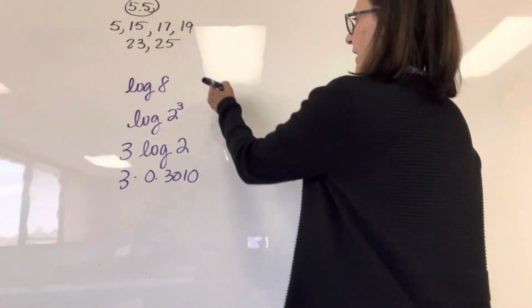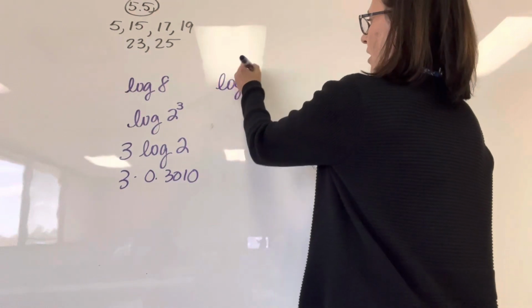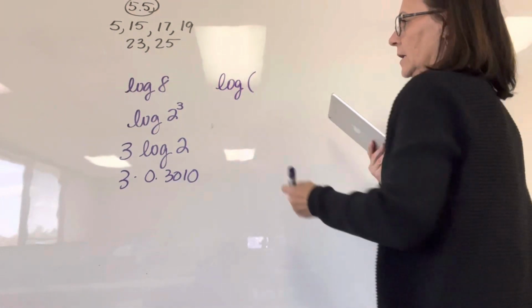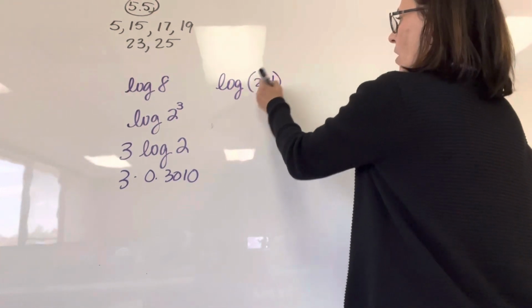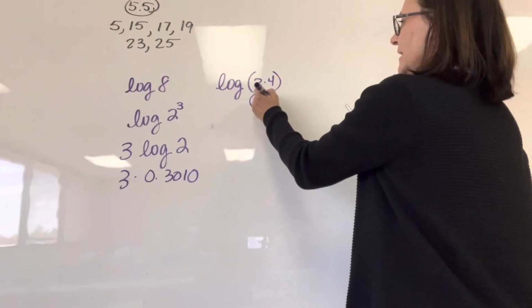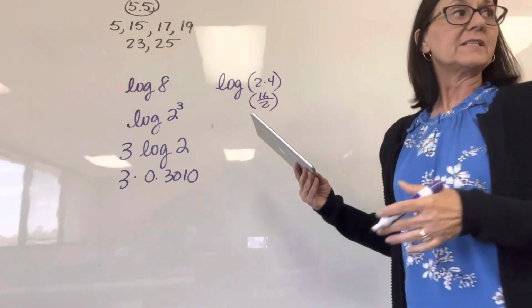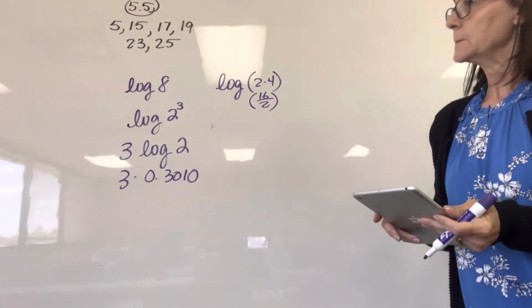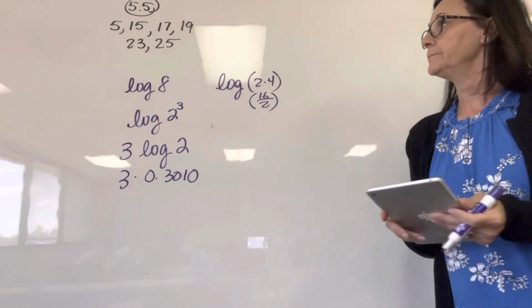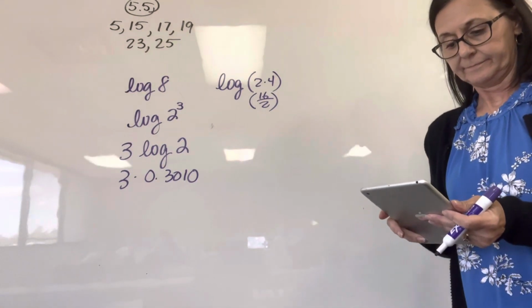So either I need the log of, because multiplication is addition, 2 times 4, or like 16 divided by 2, because that would be subtraction, and I didn't have those. Does that make sense?